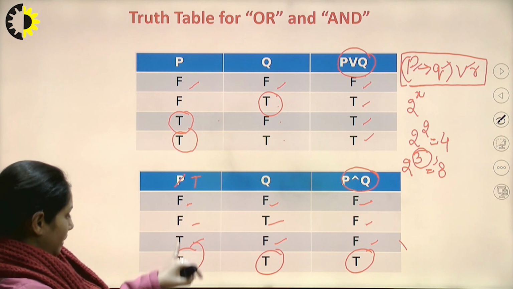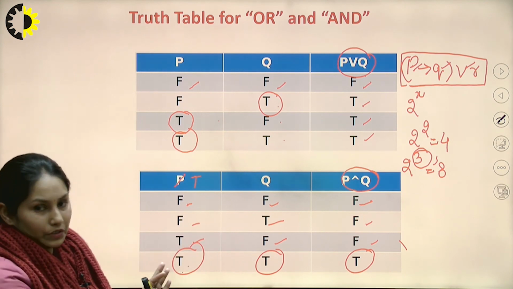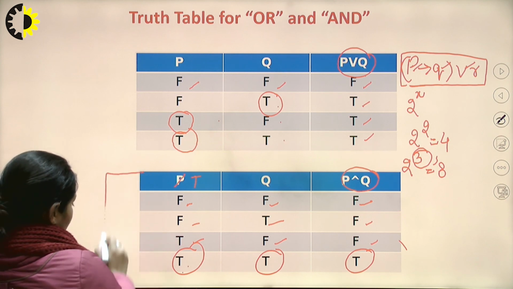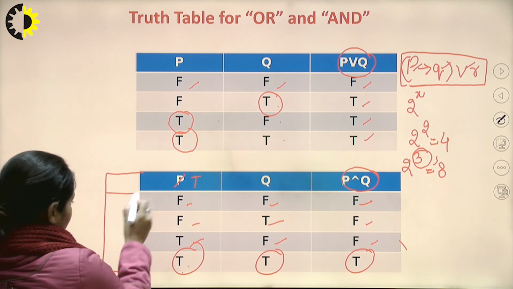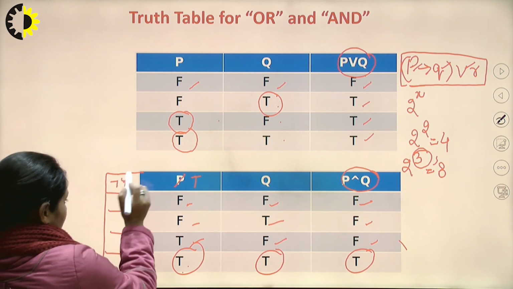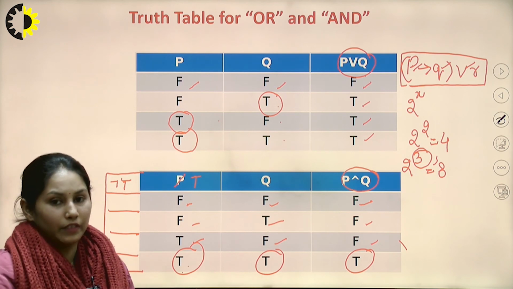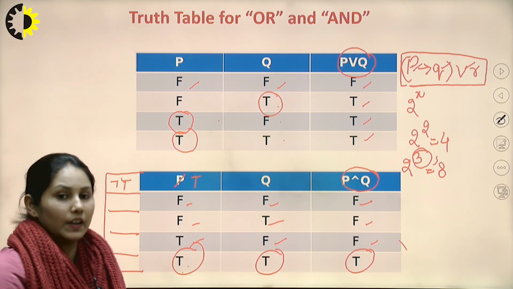These are the values of my T, and I want to calculate the negation of this T. Negation T is not T. So whatever the value is, it will be changed into the negative form.